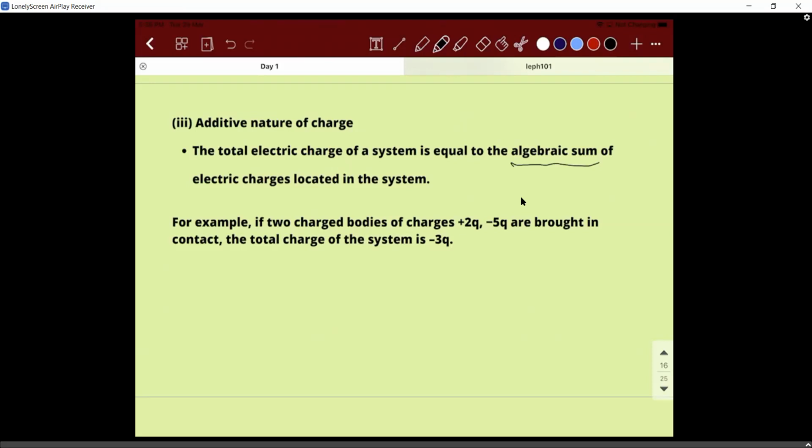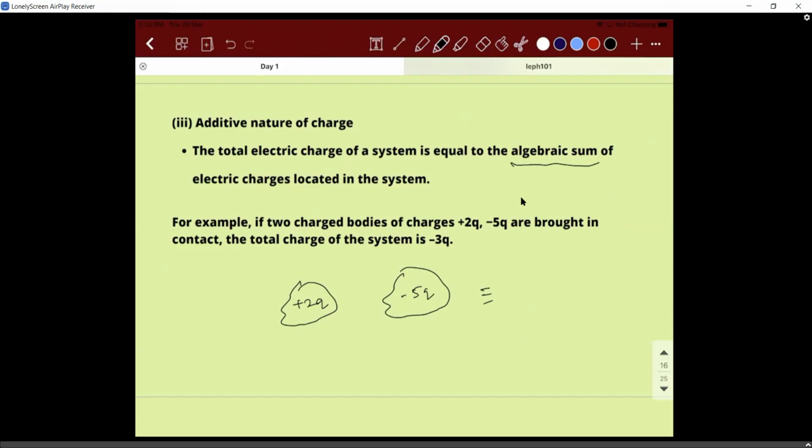So the total charge of a system is equal to the algebraic sum of electric charges that are located in the system. This is again for an isolated system. For example, if I have two objects, one of the objects has charge plus 2q, the other object has a charge of minus 5q. What will happen if you try to add them? What I mean by adding here is you are not going to literally add and leave it.